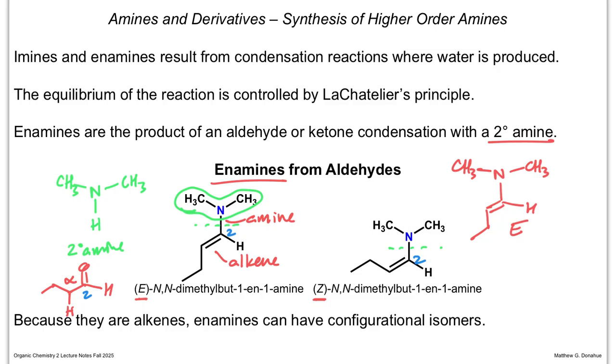So we have N versus H. So N gets priority 1, H gets priority 2. Now we do the other side. We have carbon versus H. So carbon is 1, hydrogen's 2. The ones are opposite, so that would be E, which is another way of saying trans.